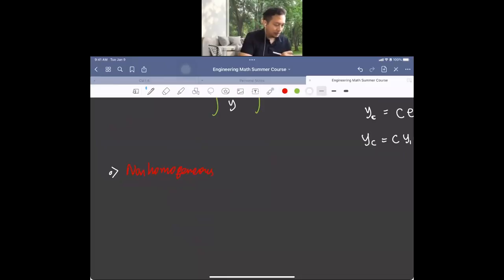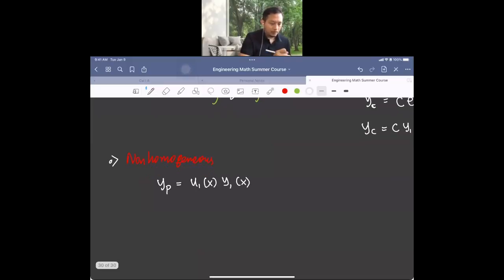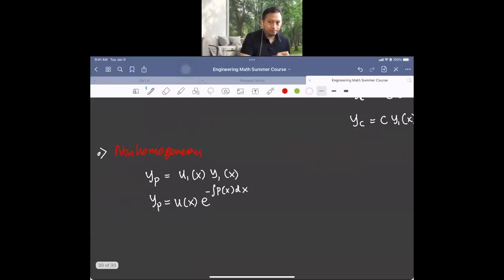Let's write yp in terms of another variable u, which is a function of x. And when we have the y1 here, this becomes u of x, and then we have e, the same e as the previous one.